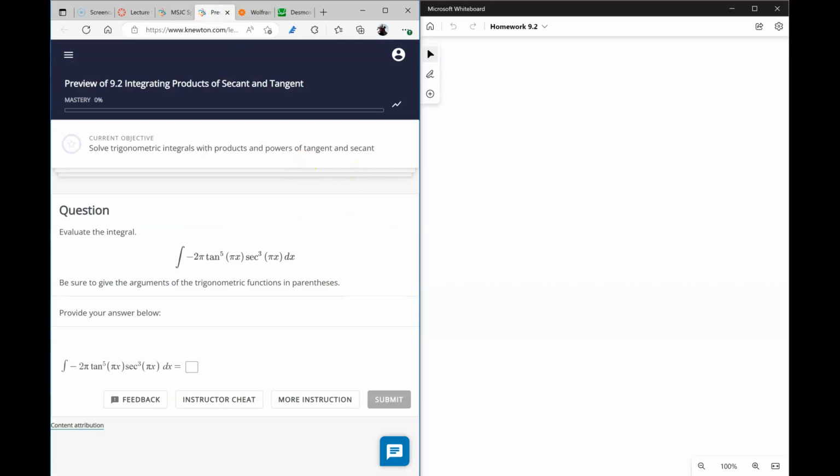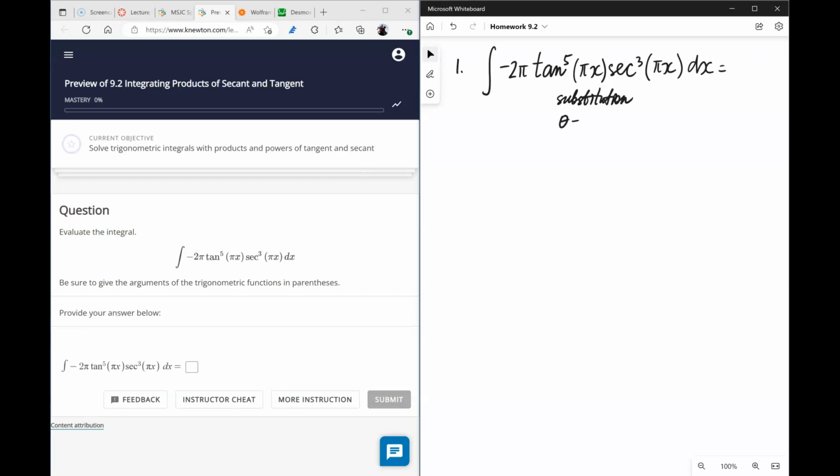And right away, we have a problem in which we have a product of powers. As always, we're going to do some basic hygiene here, and this time I'm just going to use the letter theta, and replace pi x with theta.